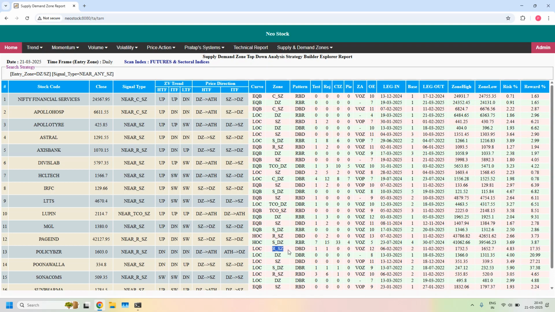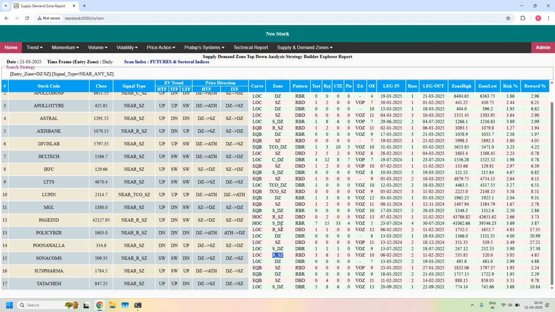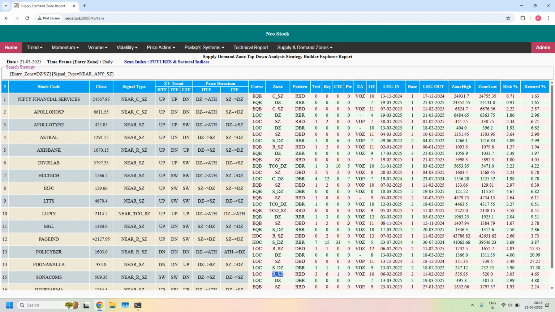Policy Bazaar is having a daily high liquidity supply zone. Sonocoms is having a daily high liquidity supply zone. And the remaining two are not high liquidity. So that means in total we identified 6 daily high liquidity supply zones from this list.